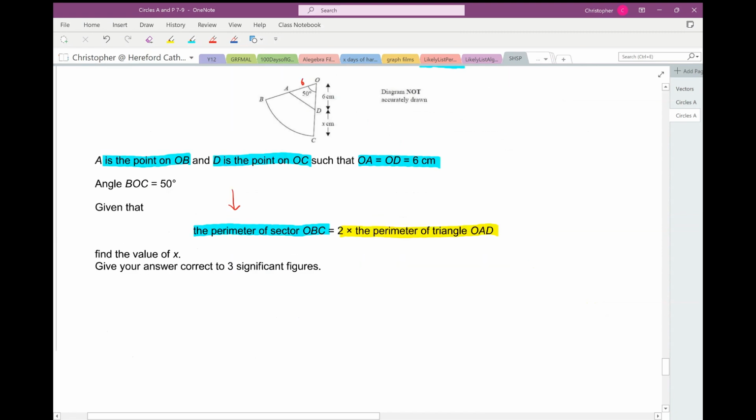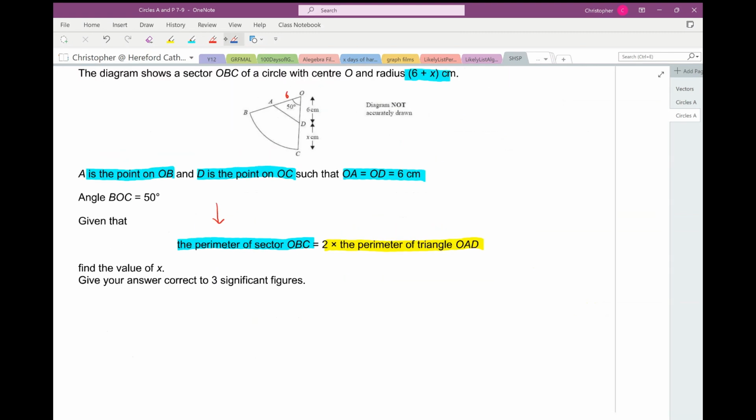The perimeter of the sector OBC. Well, that sector has got two straight components. So the perimeter of the sector OBC is going to be the 6 plus the x plus 6 plus x, two straight lines, plus that fraction of the circumference.